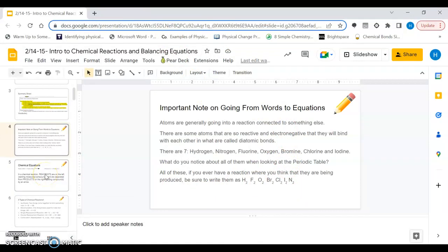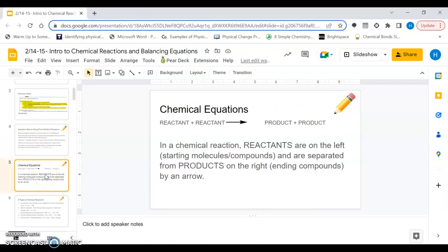So taking a step back and looking at the broader picture, what is a chemical equation? Well, a chemical equation is always written like this. You have what are called your reactants. Those are on the left side. You put an arrow to show that a reaction is occurring, and a one-way arrow is saying it's a one-way reaction, and then you're making products.